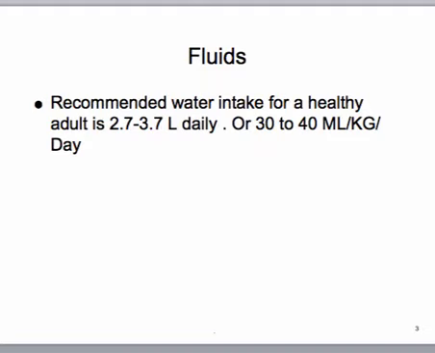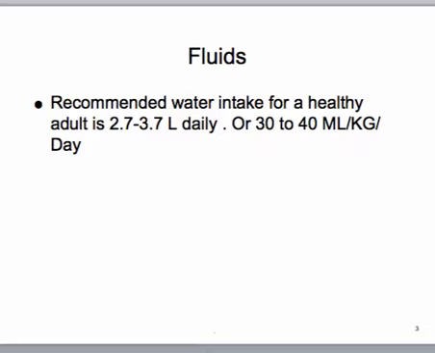Daily water requirements differ according to the patient's age and medical problems. Fluid maintenance for the NPO patient can be calculated as follows, and this is straight from your book. 4 milliliters a kilogram an hour for the first 10 kilograms of weight, 2 milliliters a kilogram an hour for the second 10 kilograms of weight, and then 1 milliliter a kilogram an hour for every kilogram of weight thereafter.